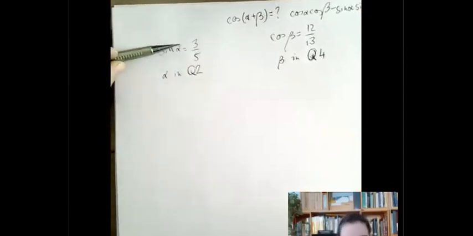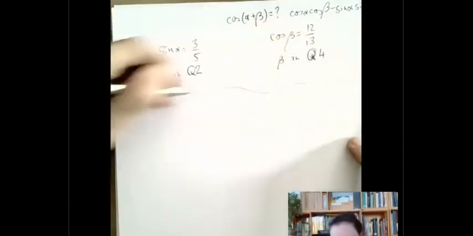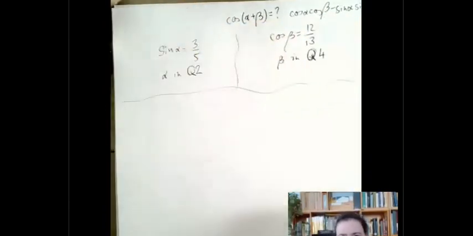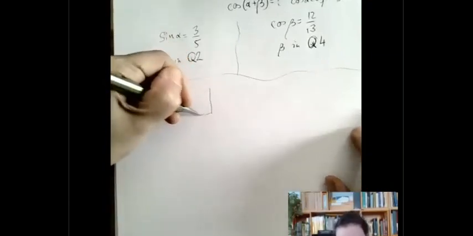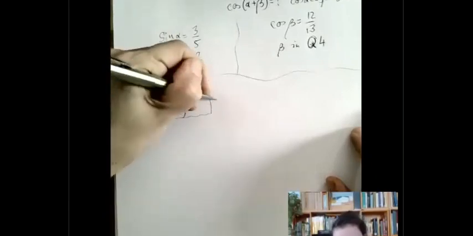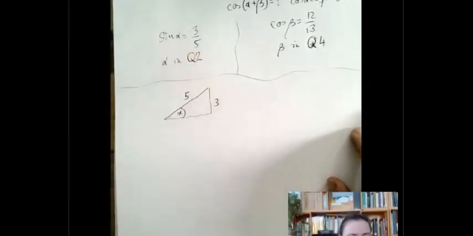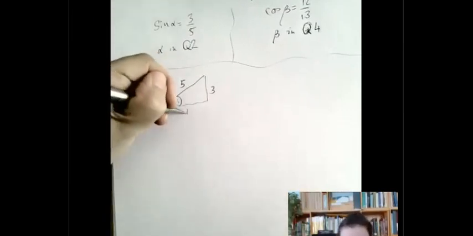This is the 3, 4, 5 triangle. And, well, we'll draw it. So let's first ignore the signs, the negative signs, if there is any, and say, well, sine alpha equals 3/5 would happen in a triangle like this. Our good old friend Pythagoras will tell us the missing side is 4.